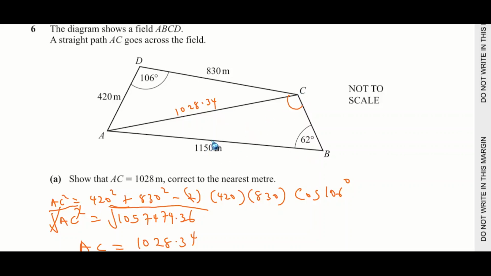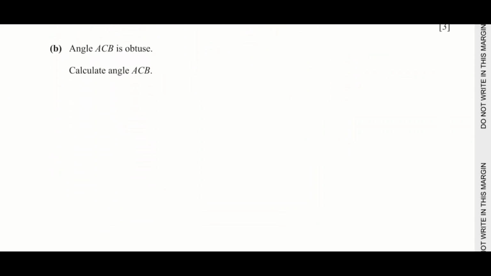This is angle C, so I'll take this to be side c. And this is angle B, so I'll take this to be side b. Using the sine rule, c over sine c equals b over sine b.